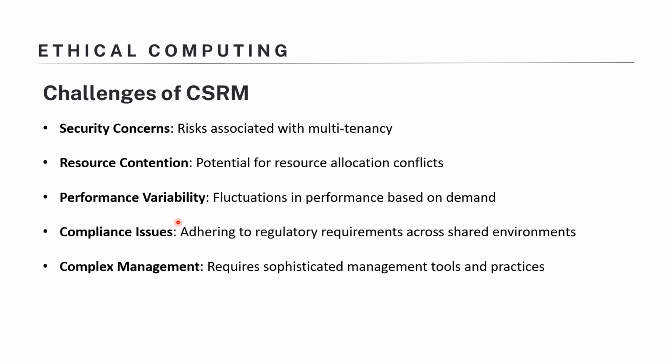If there's high demand, definitely your response time is going to drop considerably. You cannot really guarantee that the performance will always remain the same. However, you can still force the provider to give you that minimum level of performance, but of course, oftentimes that will come with a price, right?